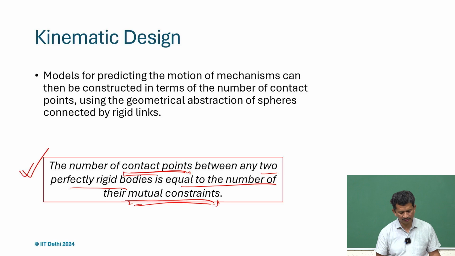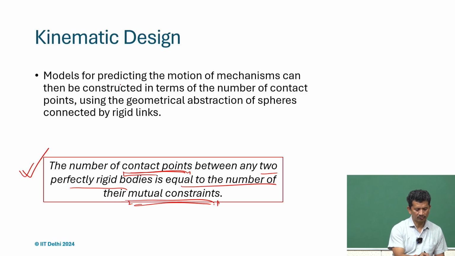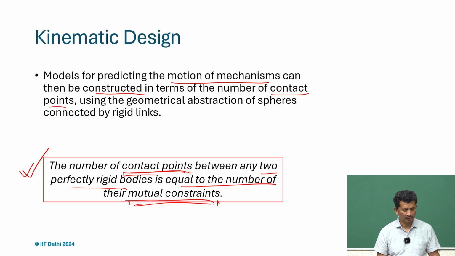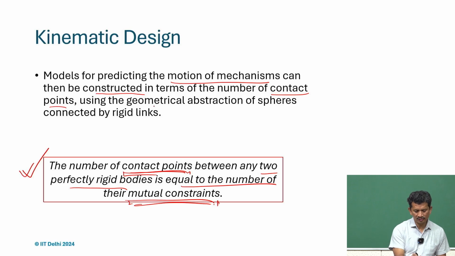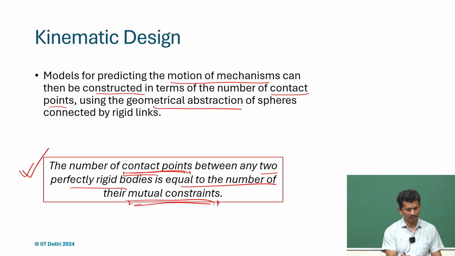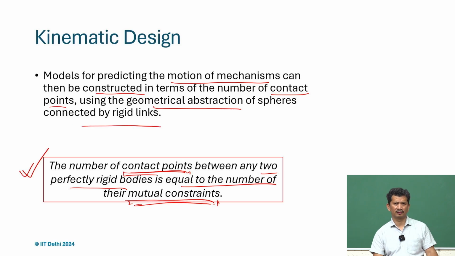So, the contacts versus constraints we can simply add, and we can always use this analogy to model. Models for predicting the motion of a mechanism can then be constructed in terms of the number of contact points only. So, we can just think of the number of contact points, and we can use this geometrical abstraction of spheres connected by rigid links to design any kind of mechanism.